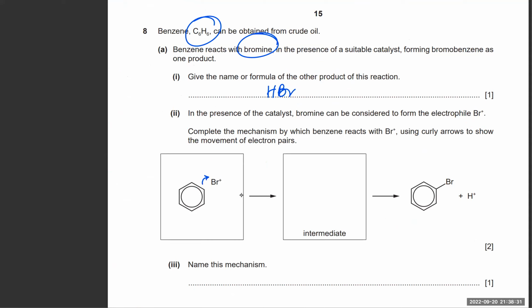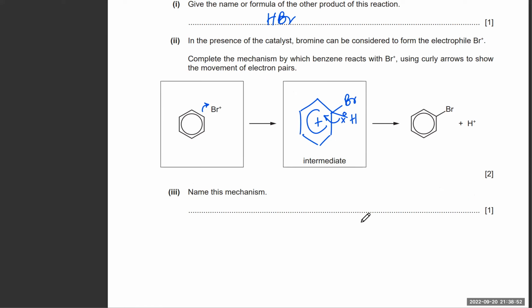Br plus 1 is going to attract the electrons. The Br is going to join up, and it will become a carbocation. And next step, the H gives its electrons back. That's it. Name the mechanism: that's electrophilic substitution.